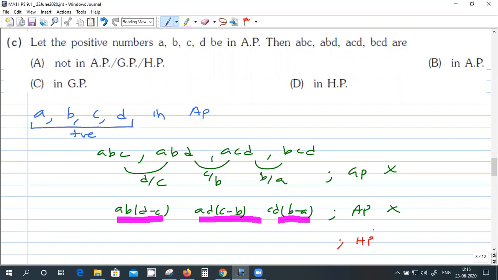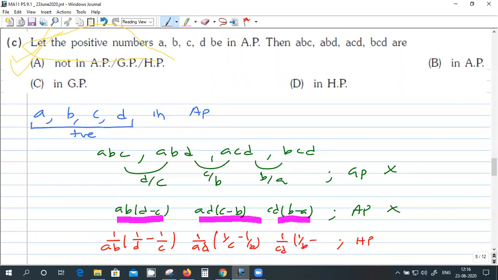To check whether they are in HP, you have to check that the reciprocals are in AP. So take the reciprocals and the difference: 1 by D minus 1 by C, 1 by C minus 1 by B, 1 by B minus 1 by A. This thing should be in AP.